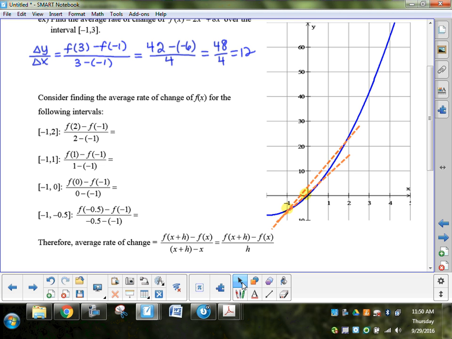Who in the first row got what that slope is going to be? 1 person? 2 of you? Did anybody get a different one? That was 10? How about the second interval? Second row, who got it? One person?